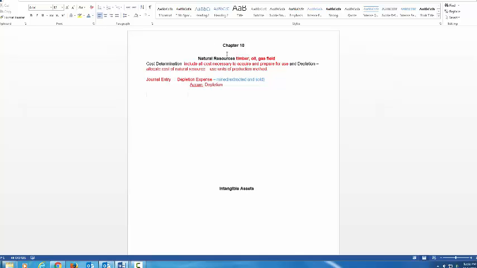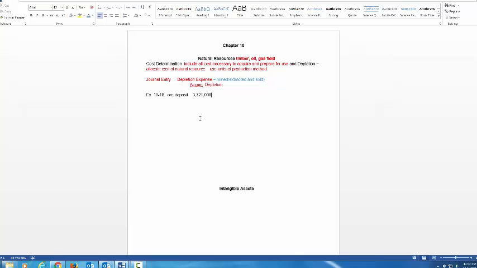Let's look at an exercise, and I believe it's exercise 10-18 in the book. They have an ore deposit that all the costs associated with getting it ready is $3,721,000.